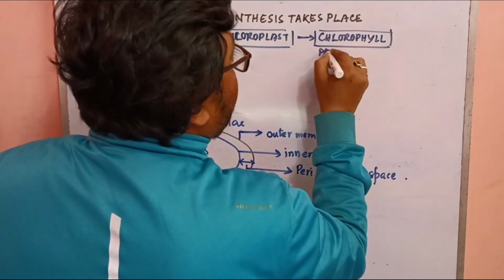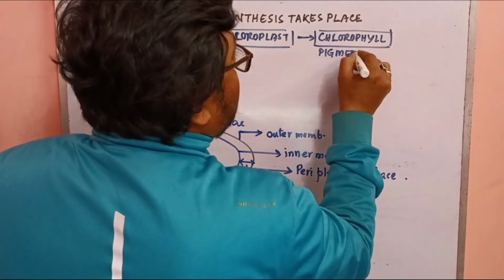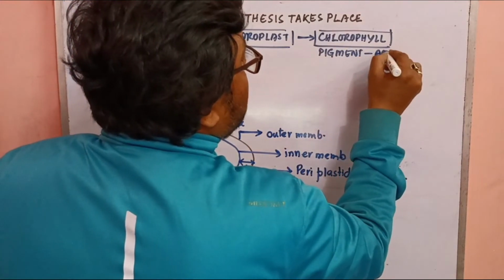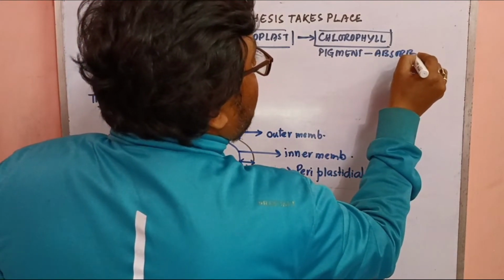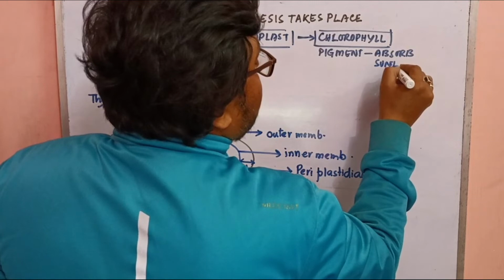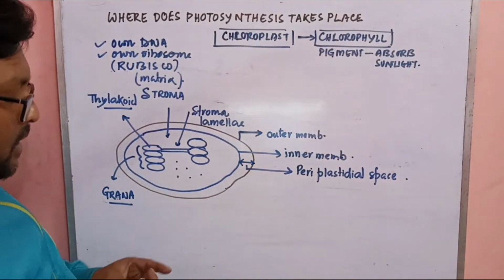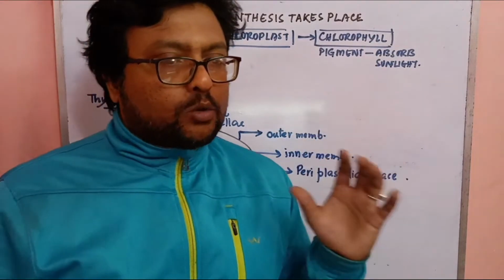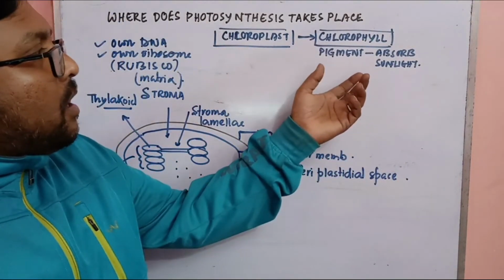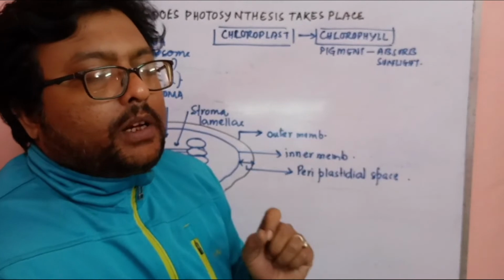These are pigments which actually absorb sunlight. And as we have learned, sunlight is the major source of energy in photosynthesis. It's the ultimate source of energy in photosynthesis.